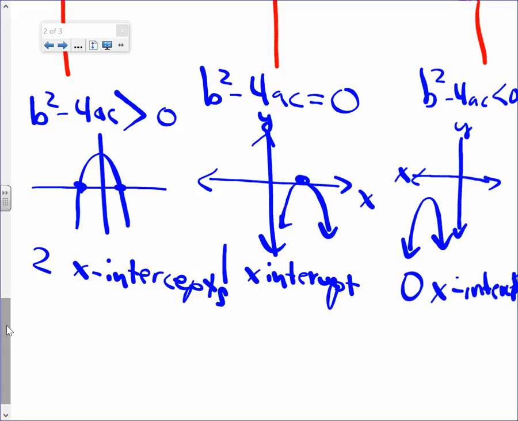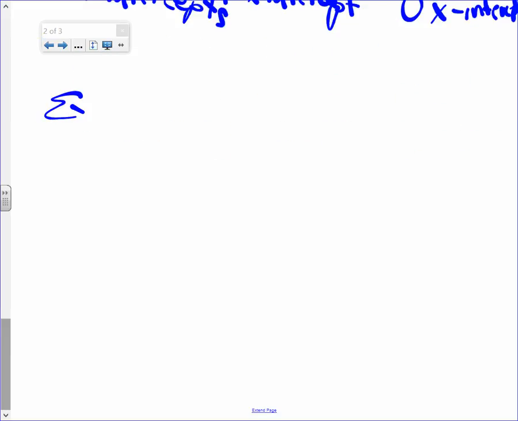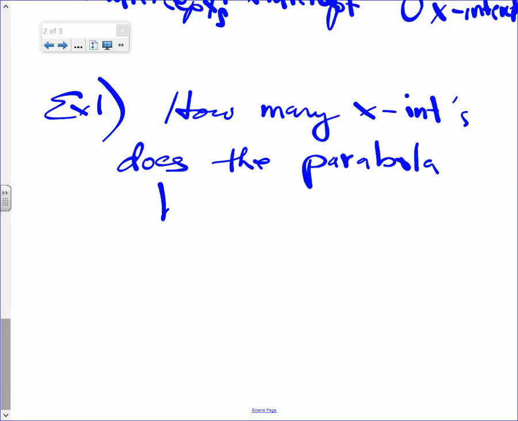So watch this now. One example and we're done. I'm going to prove Murillo wrong. Example 1. Ready? And we're done. How many x-intercepts does the parabola have? Now, we haven't graphed yet.